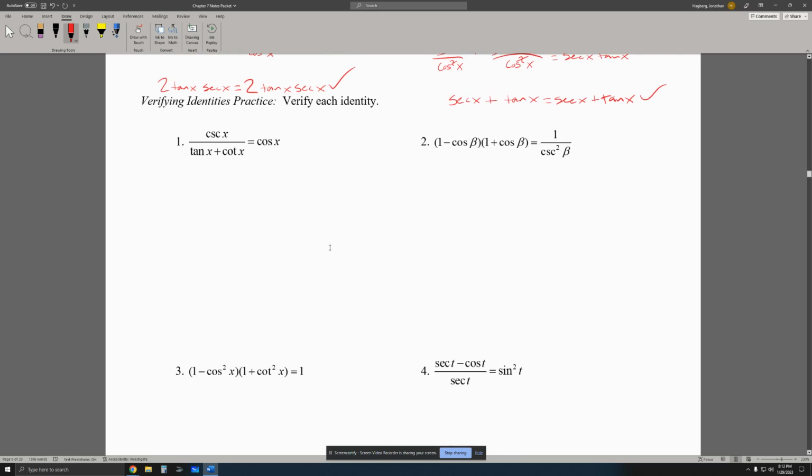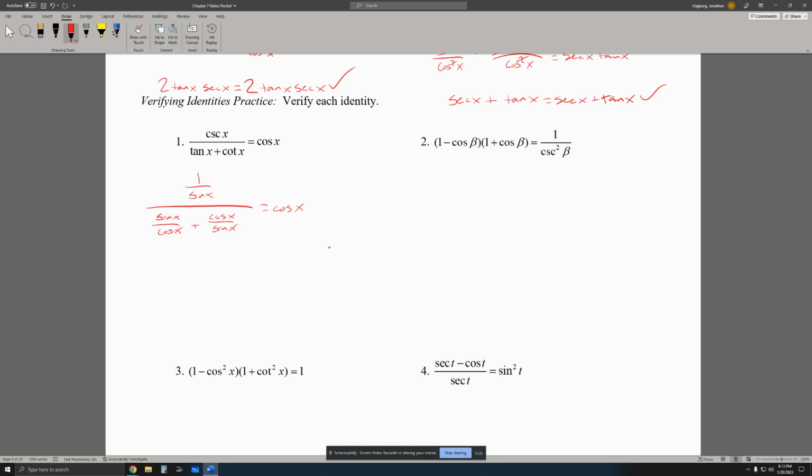All right, so let's verify this identity by simplifying the left-hand side. I'm going to write it in terms of sine and cosine. So we have 1 over sine x over cosine x plus the cotangent, cosine x over sine x. And we want this to be equal to cosine x. Okay. Let's combine like terms.